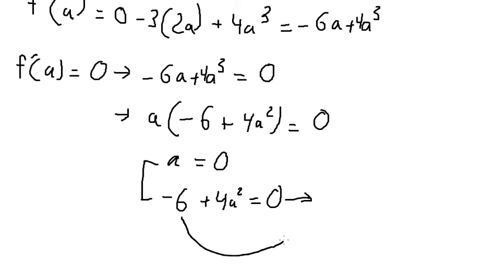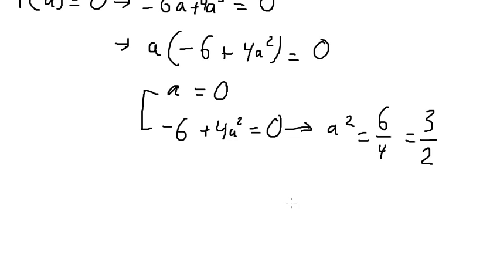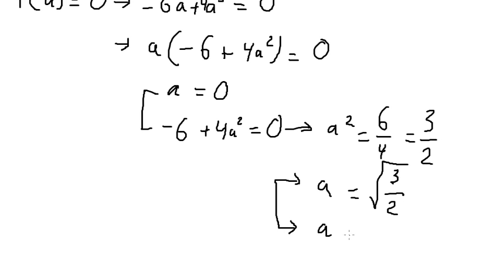So we move negative 6 to the right, and we divide both sides by 4. So we have 3 over 2. Now we take the square root of both sides, and we have a equals the square root of 3 over 2 and negative the square root of 3 over 2.